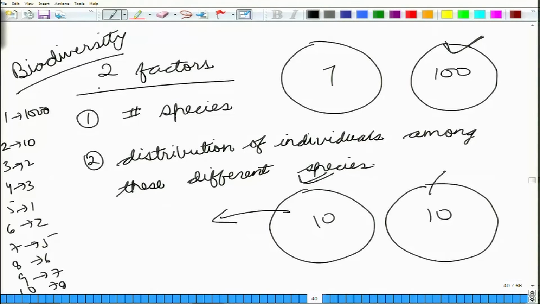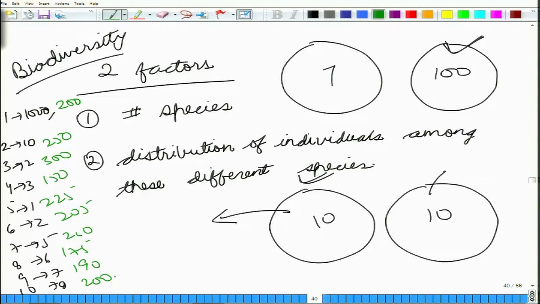Whereas, in the case of the second community, we have a situation where, let us say, we have 200, 250, 300, 150, 225, 205, 210, let us say 175, 190 and 200.